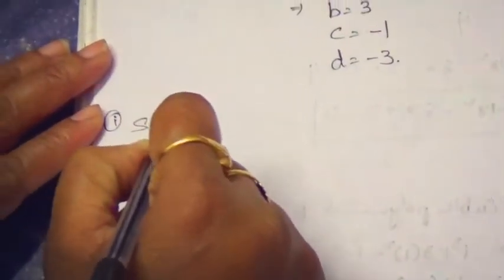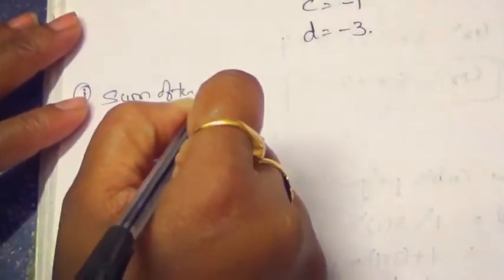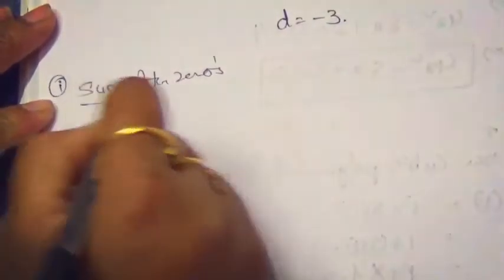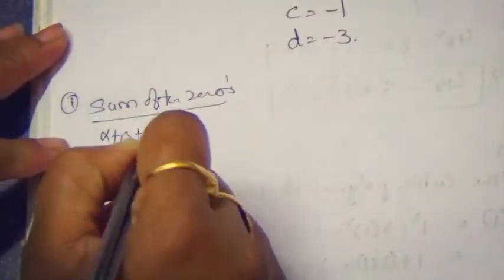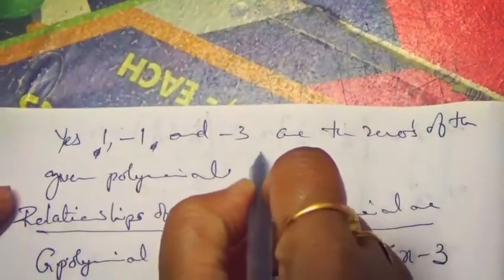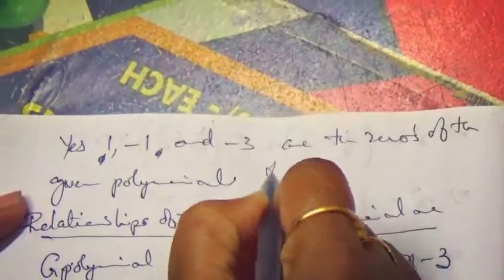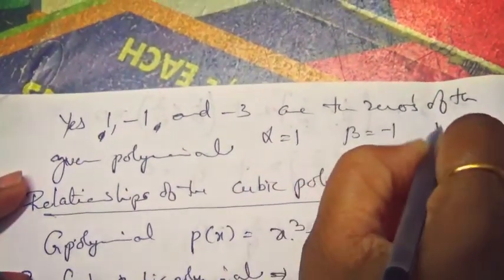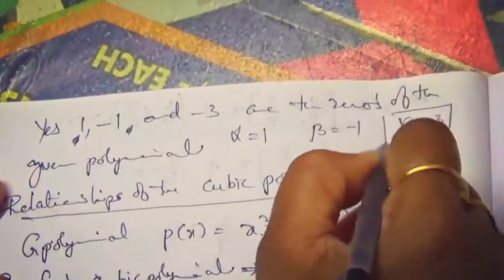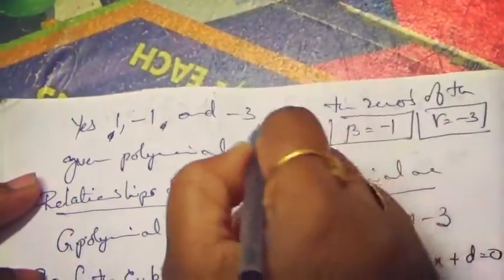The first one is the sum of the zeros, that is alpha plus beta plus gamma. From here we have to take these 3 numbers as alpha is equal to 1, beta is equal to minus 1, gamma is equal to minus 3. These 3 are the zeros of the given polynomial, no? Hence we are taking these as alpha, beta, gamma, right?